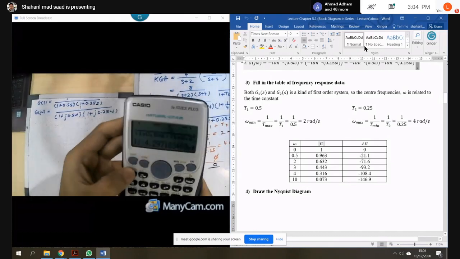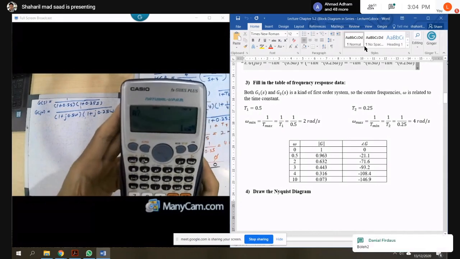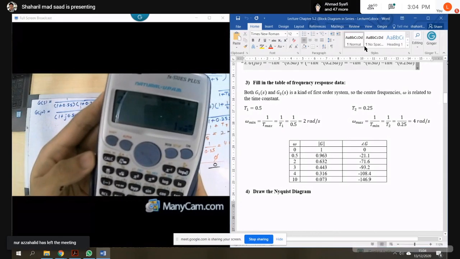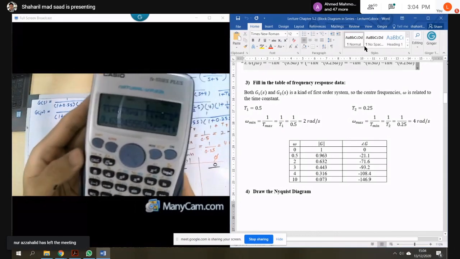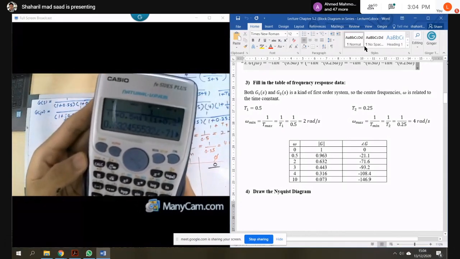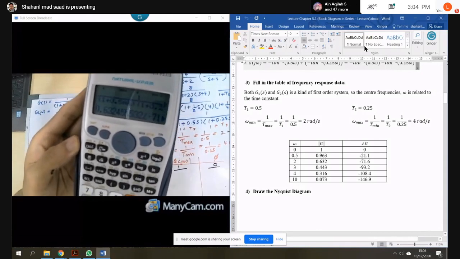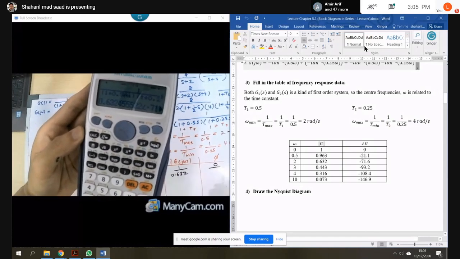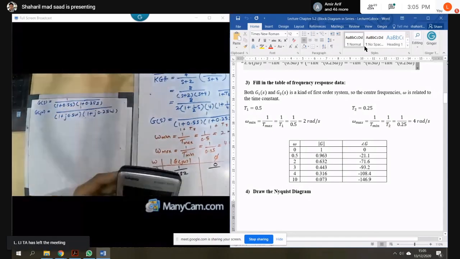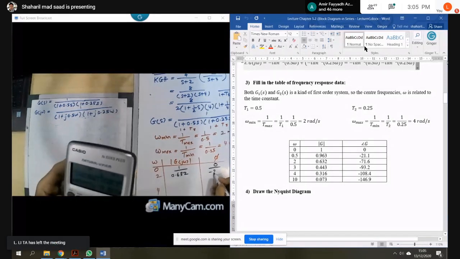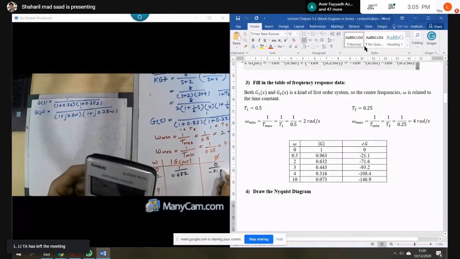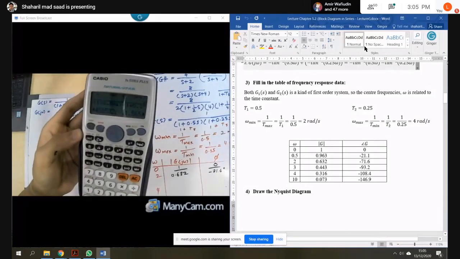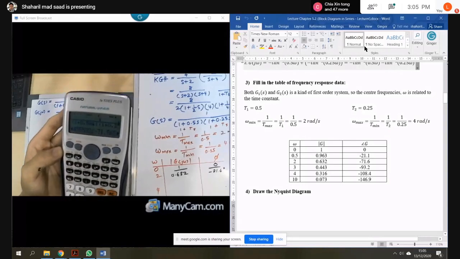When you calculate with A equal to 2 and press equal, the value is 0.632, and your phase shift is minus 71.6 degrees. Okay, simple, right?